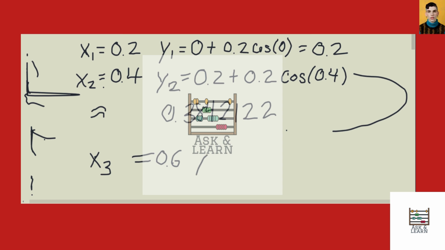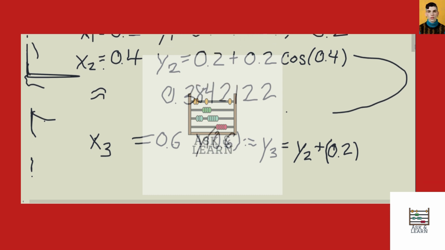And we have that y of 0.6 is approximately equal to y sub 3, which is equal to y sub 2, plus our step size, 0.2, times our function evaluated at 0.4, y2. So this is cosine of 0.4 plus y2.